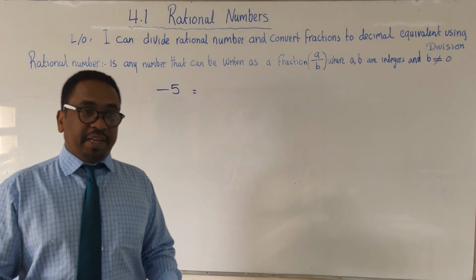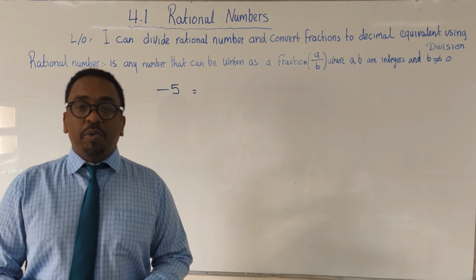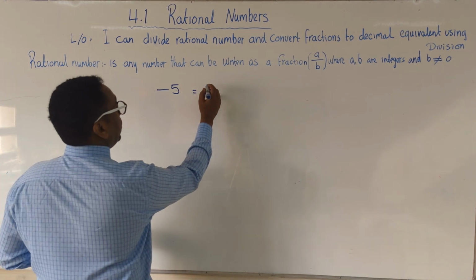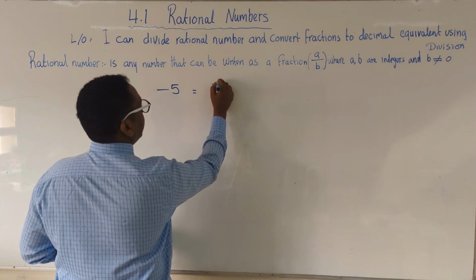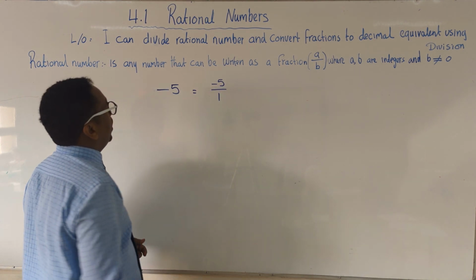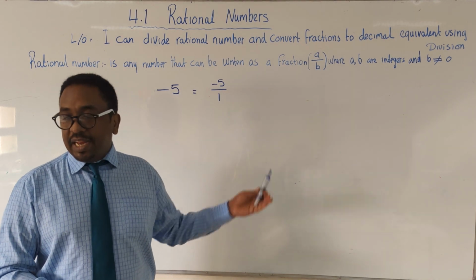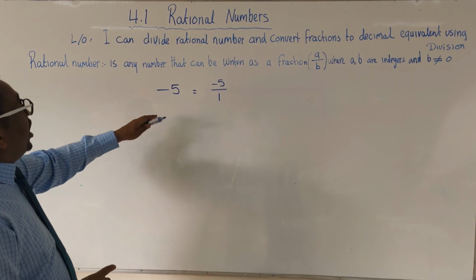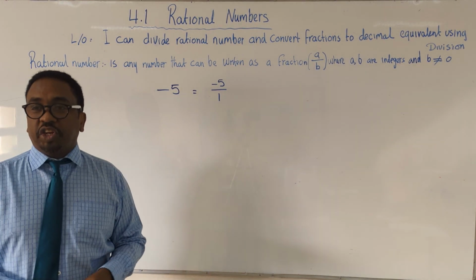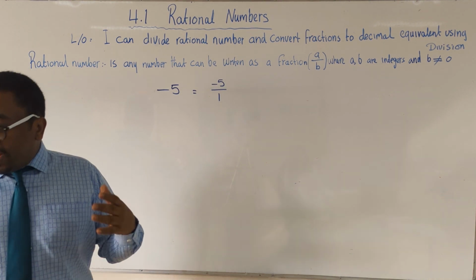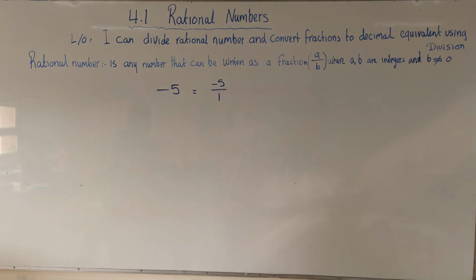Any number can be written as a fraction by just dividing it by 1. So this will be the same as minus 5 or negative 5 over 1. We are allowed to just put 1 underneath it. Because it's a rational number, we can write it as a fraction.